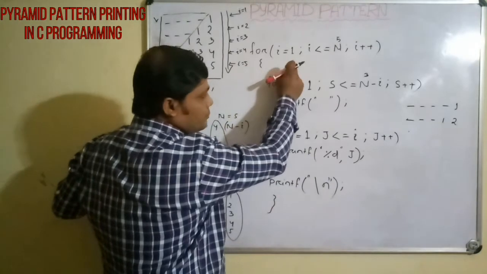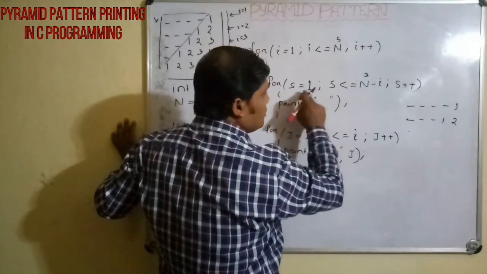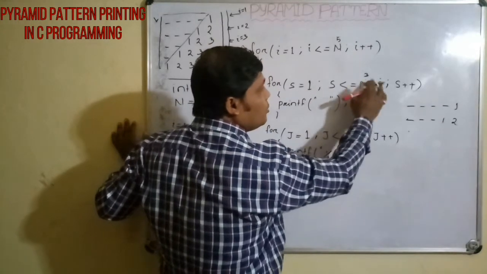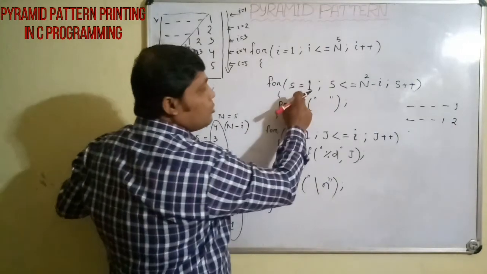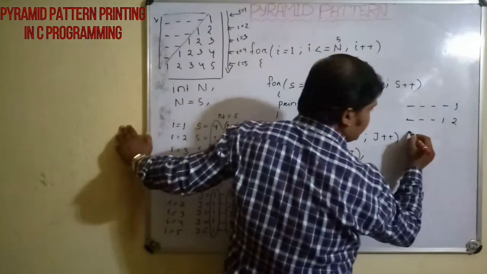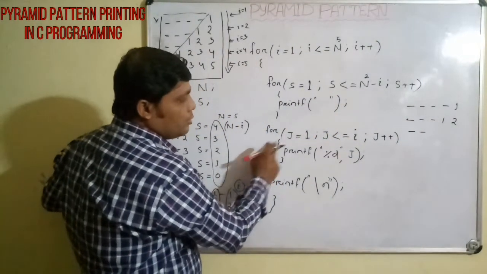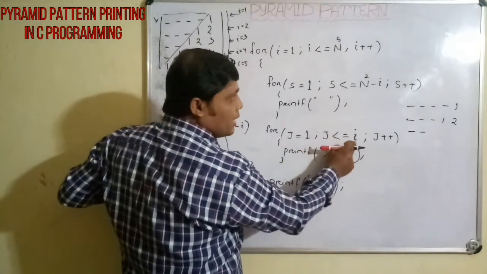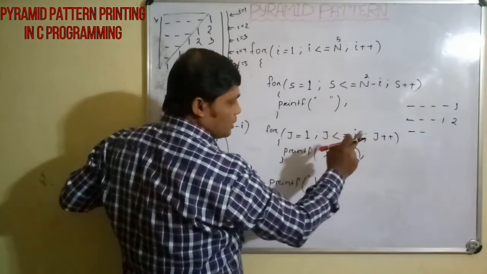When i value is 3, so s equal to 1, s less than equal to 5 minus 3, this will be 2. Clear? So it will work for 1 and 2 and it will print 2 spaces. Then this loop will continue for 1 to i, meaning 3. So 1 to 3, that means 1, 2, 3.